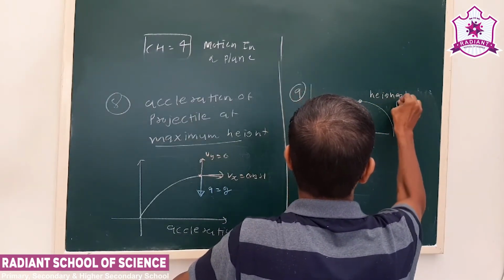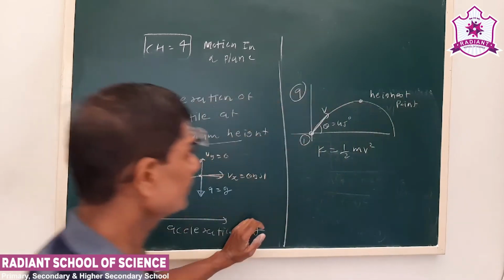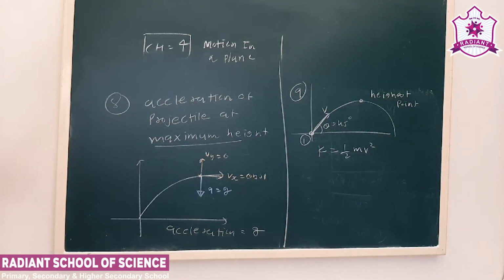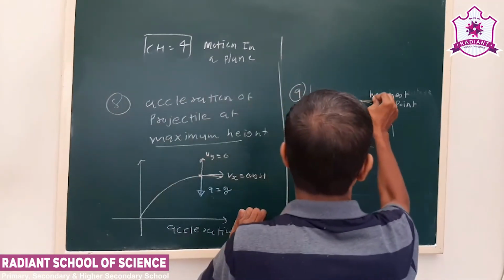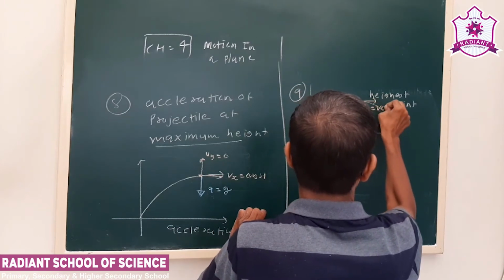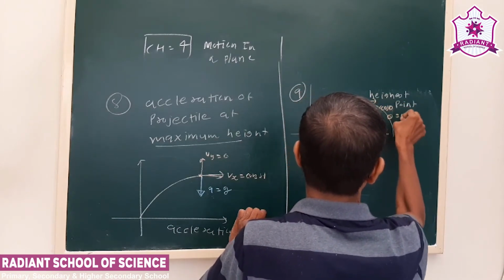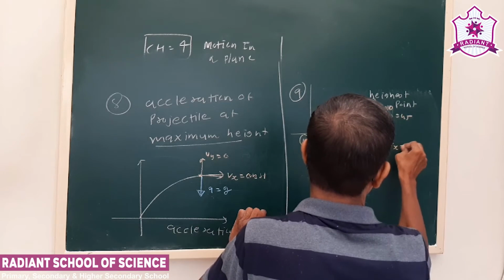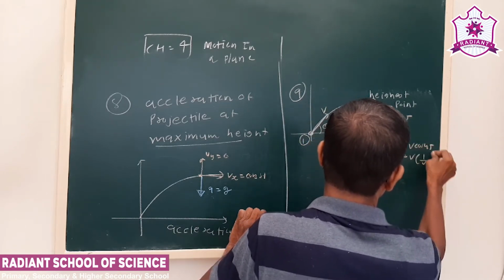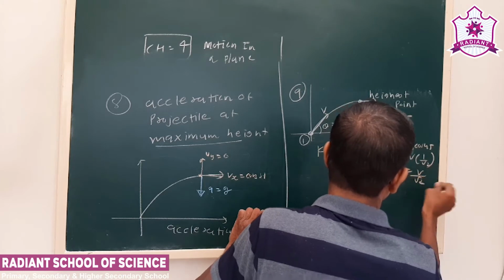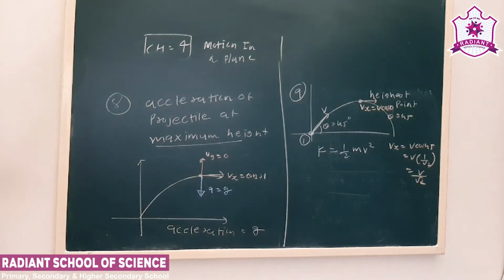Just now we have seen, at the highest point, the y component will become 0, and the x component is v cos theta. Here theta is 45, so Vx is v cos 45, which is v into 1 upon root 2.